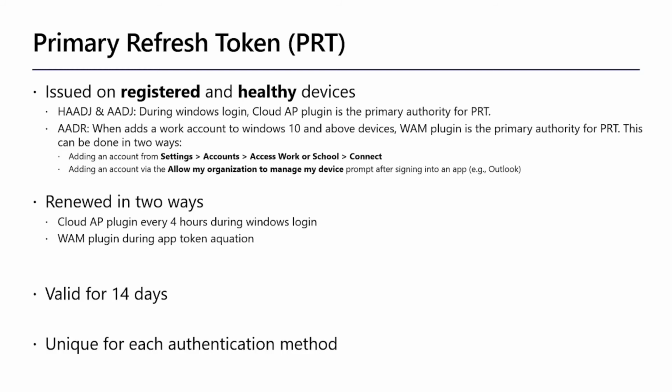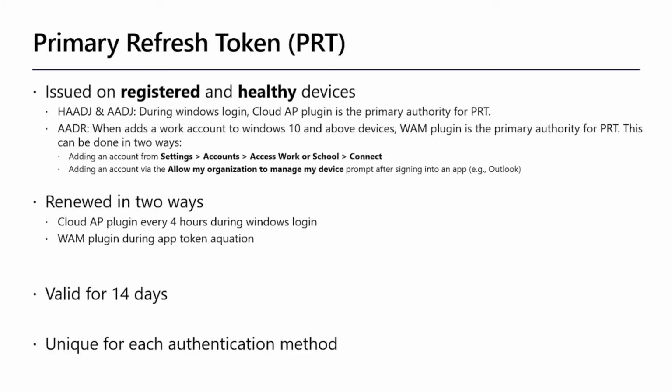This can be done in two different ways. The first one, if the user went to Settings, Accounts, Access Work or School and clicked on Connect. Or the second way, by opening one of Office Pro Plus applications and choose Allow my organization to manage my device option.